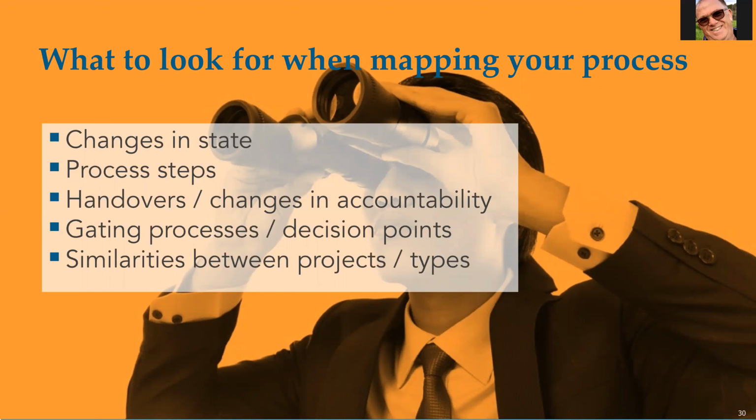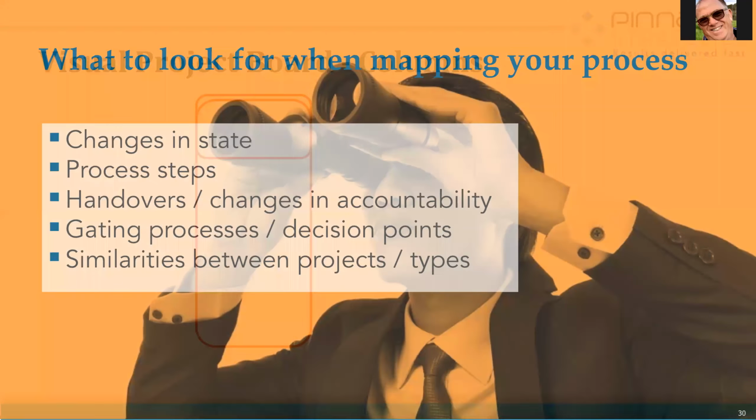And also, while you're mapping, you want to look for similarities between projects and types, because remember that what you're doing with your board is distilling your project process down into something that is usable, but is also representative of the most important management points of your project. So you think about your board as the distillation of your most important management steps.